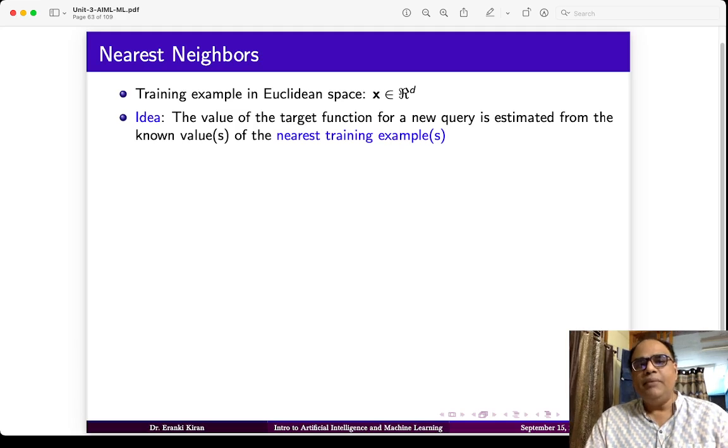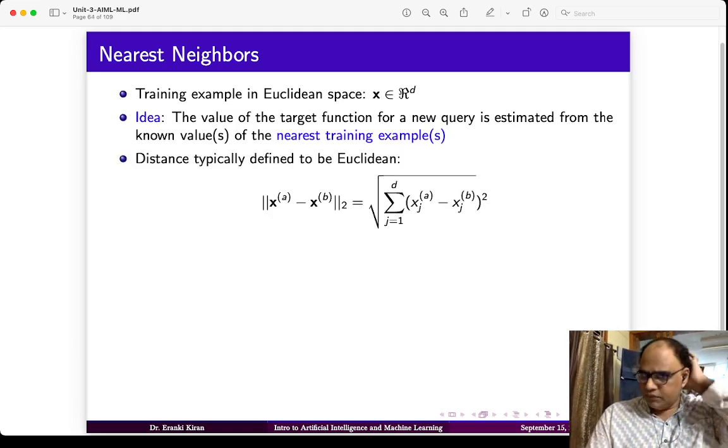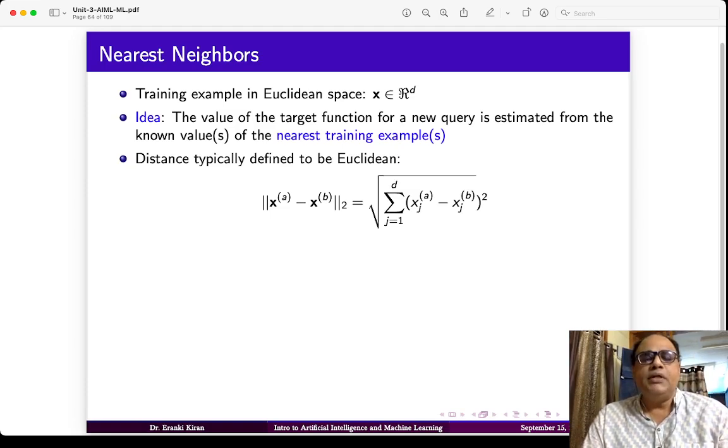Distance is typically defined using the Euclidean distance measure, that is the norm of xa minus xb, which is the square root of the summation over j of xj of a minus xj of b, whole squared, right?